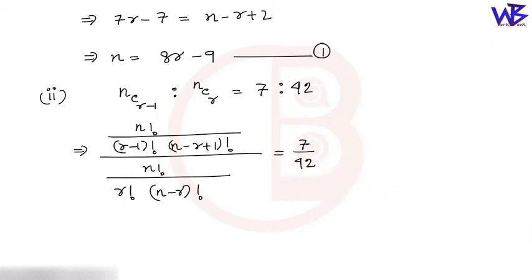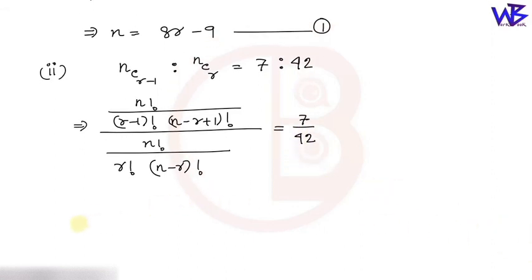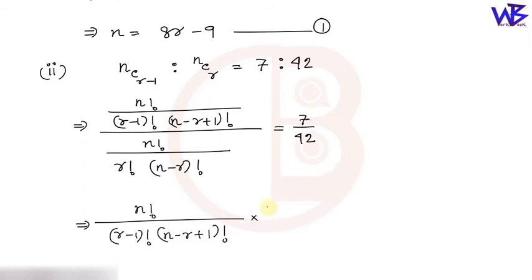If I try to simplify, I'll get n! divided by (r-1)! times (n-r+1)!, multiplied by r! times (n-r)! divided by n!, is equal to 7 upon 42, which can be written as 1 upon 6, because 6 times 7 equals 42.